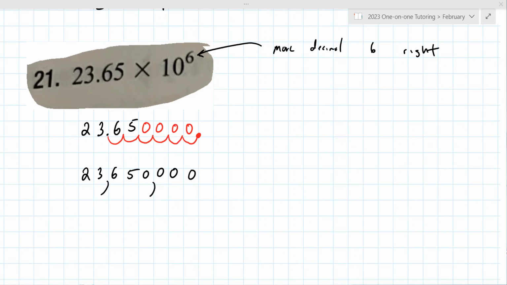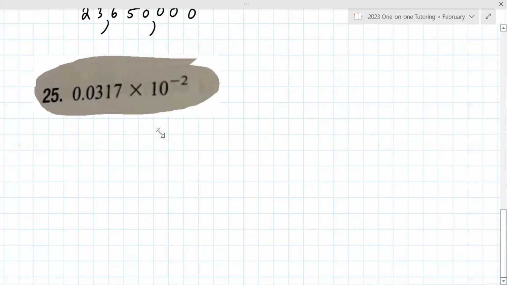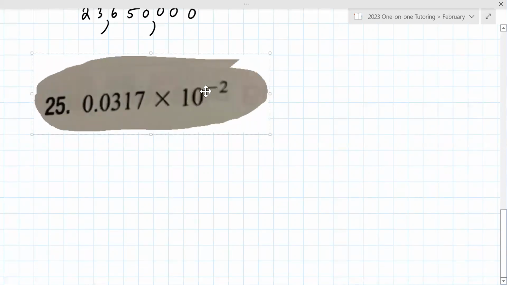So we're doing 25 next. 25 is a negative exponent. Which way are we moving the decimal with a negative exponent? We're moving it to the left. To the left, yeah.